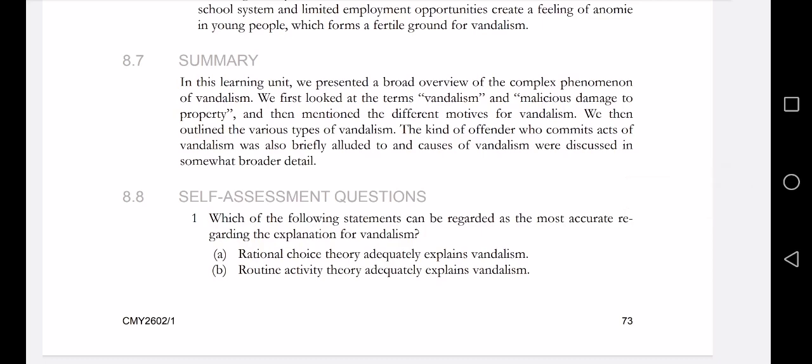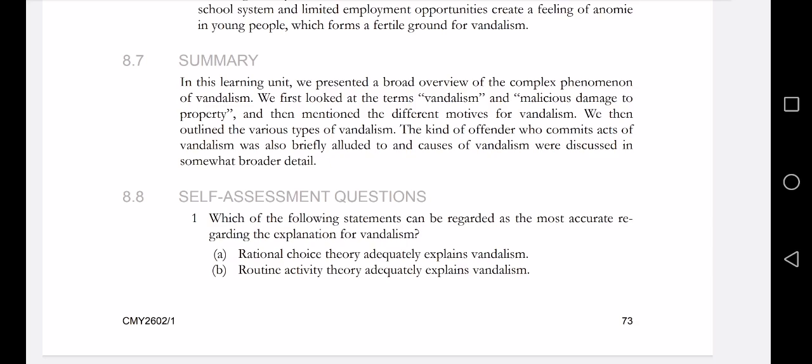Summary. In this learning unit, we presented a broad overview of the complex phenomenon of vandalism. We first looked at the terms vandalism and malicious damage to property, and then mentioned the different motives of vandalism.